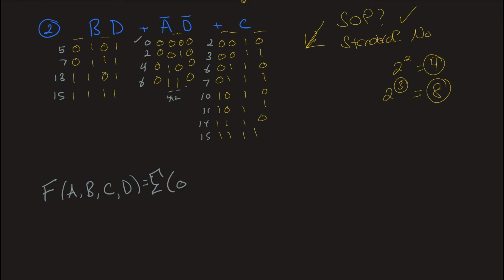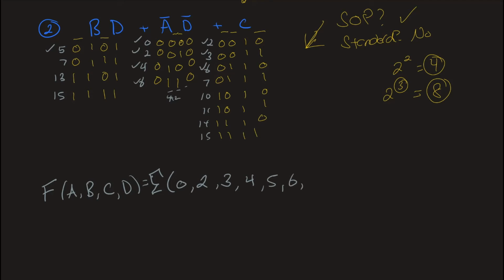Took care of that one. It's true at 2. So took care of those. It's true at 3. It's true at 4. It's true at 5. It's true at 6. And it's okay if it happens twice.